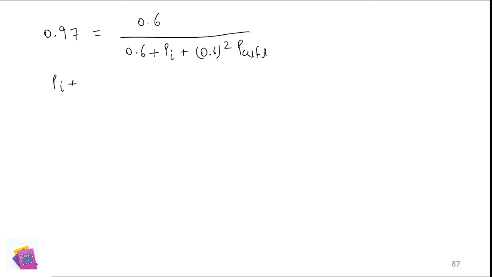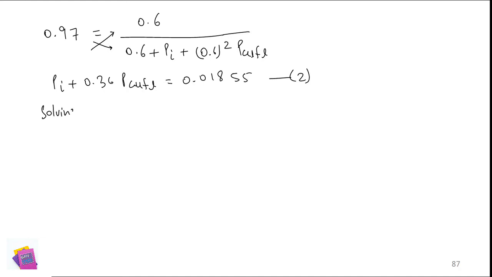After cross multiplying you will get Pi plus 0.36 P copper full load equal to 0.01855. Equation number 2.